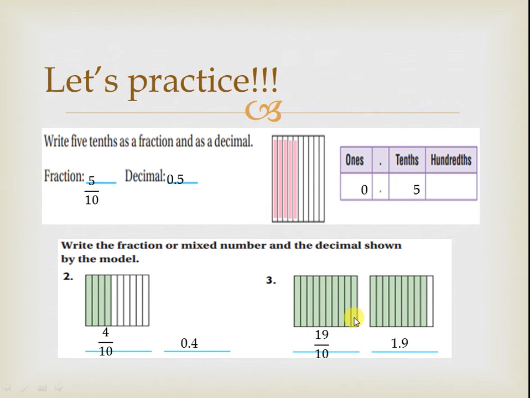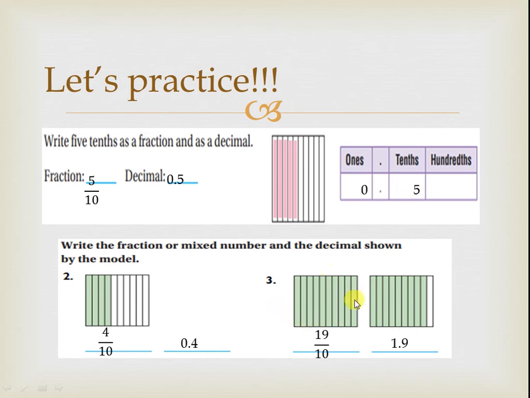So here it's cut into 10 parts, and here also it's cut into 10 parts. So the denominator here is 10. And how many colored pieces in all? It's 19. So this is an improper fraction, but you have to write it. It's 19 over 10.